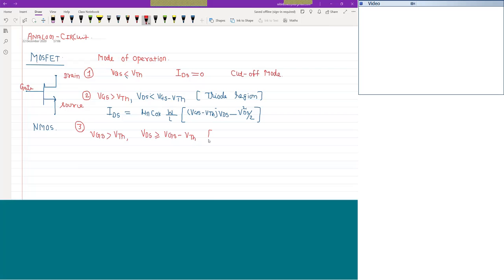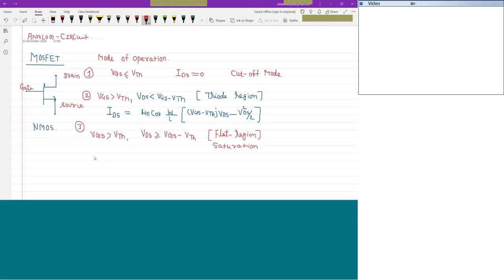This flat region is known as saturation region, है ना? ध्यान रखें, MOSFET works as an amplifier in saturation region. So this is the idea.